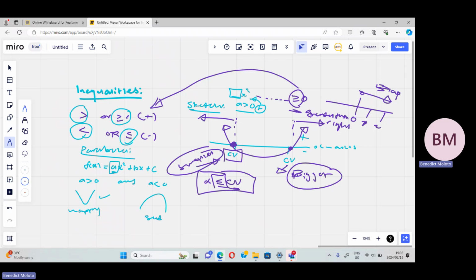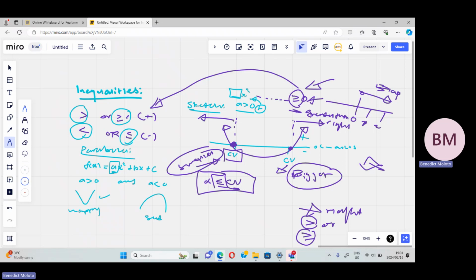Equal to, they intersect. Greater than, so greater than is to the right, always. This inequality, to the right, greater than or equal to, right? The sign, we want greater than or equal to. We want greater than.